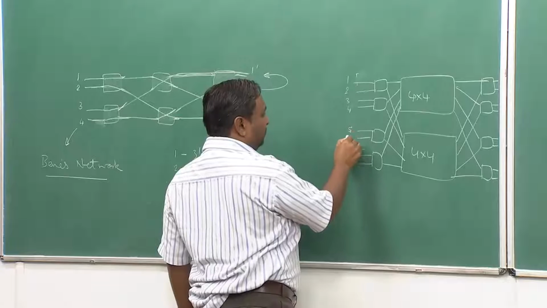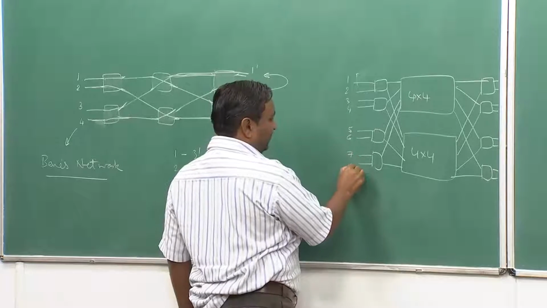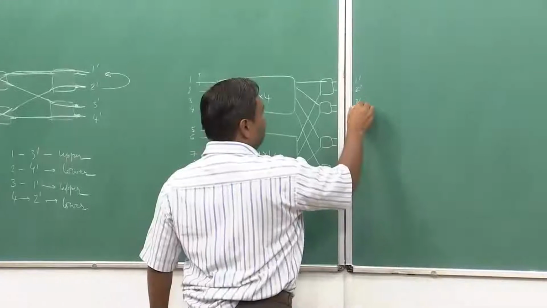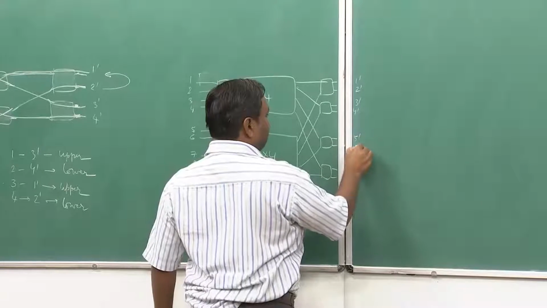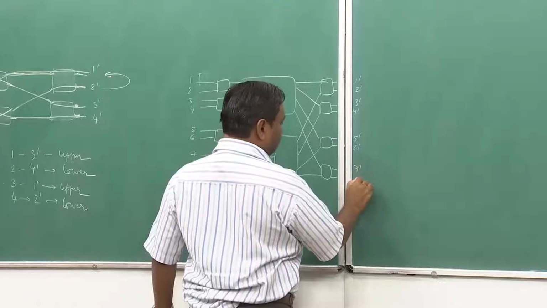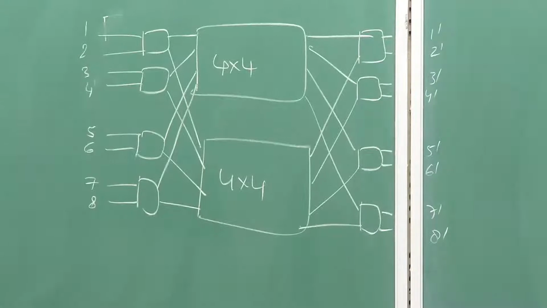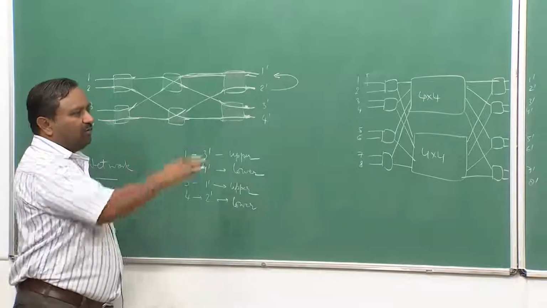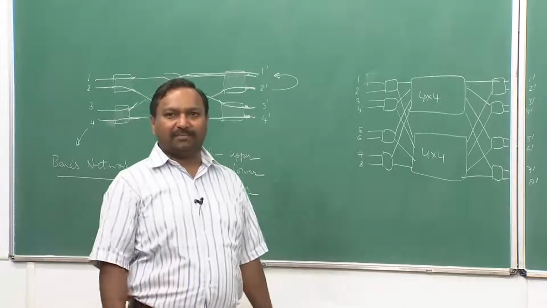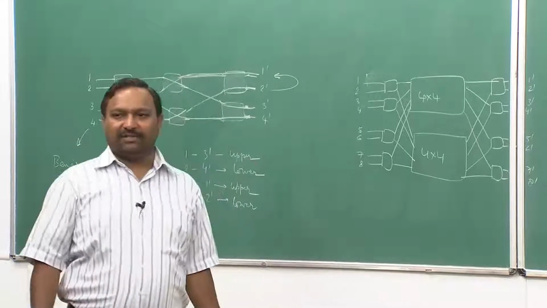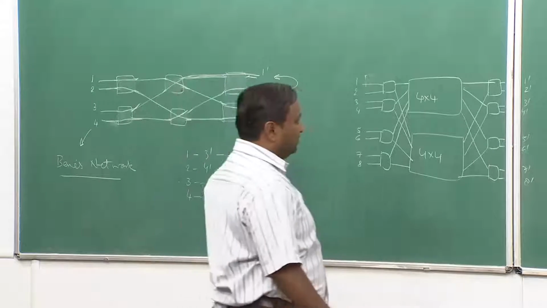Later on, when we do the Slepian-Duguid theorem, we will understand why this is working. So, we just have to bother about the looping. So long as we do the looping correctly, we will always be able to set up the path, and there will not be any blocking scenario. Okay.